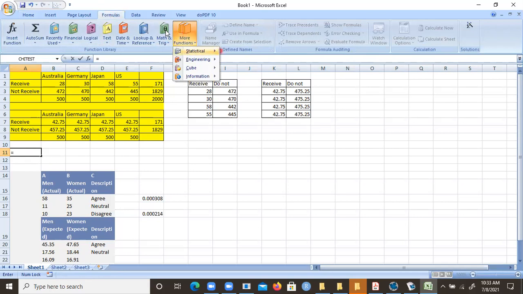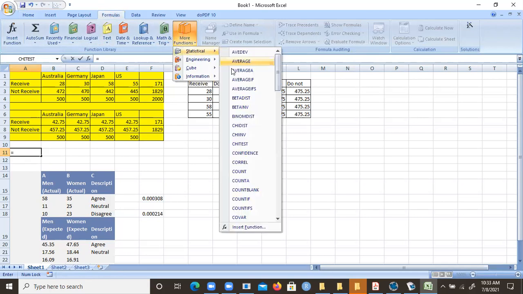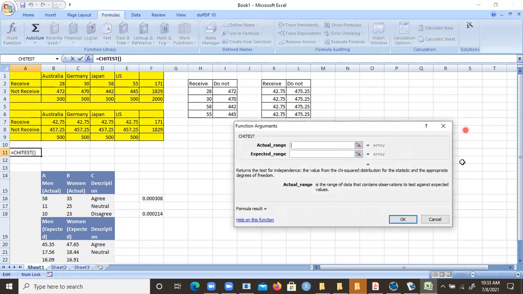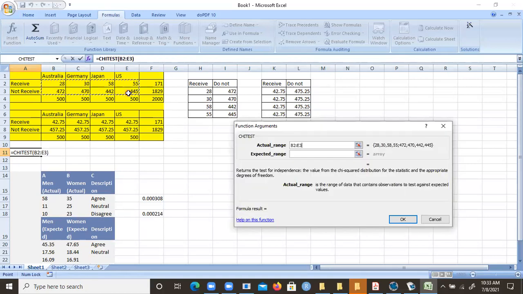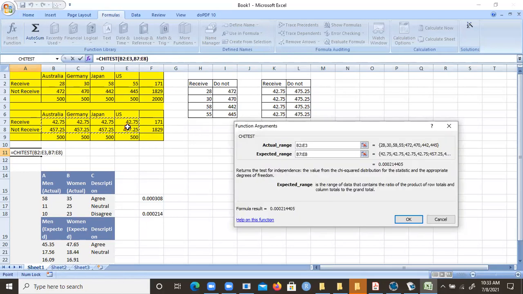From statistical, you are going to select chi-square test. Okay, so this will open. In the actual range, we are going to put the range of the observed frequency, so from here to here. In the expected range, I am going to put the expected frequency from here to here.